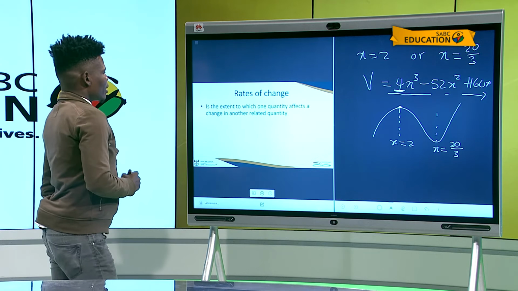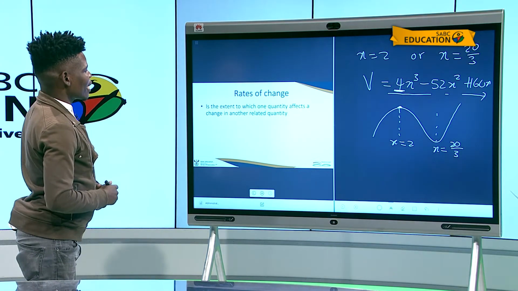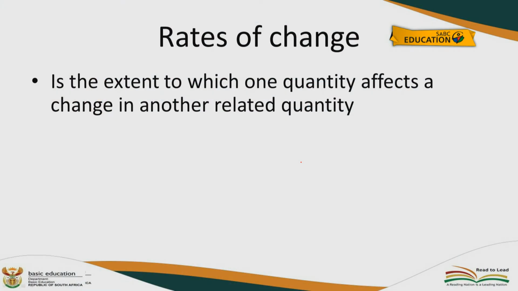Now, rates of change is the extent to which one quantity affects a change in another related quantity. So it means you change one quantity and you look at how the change in this quantity affects a change in the other quantity.